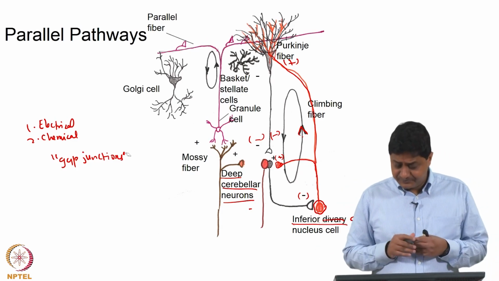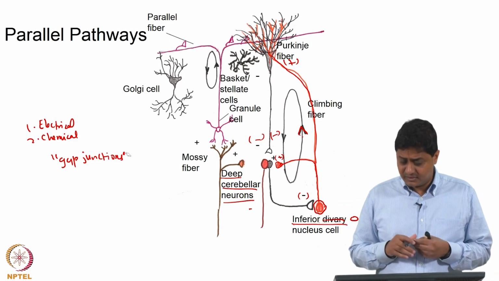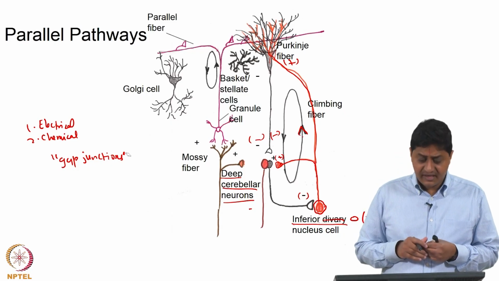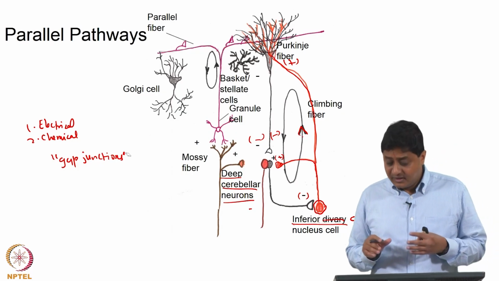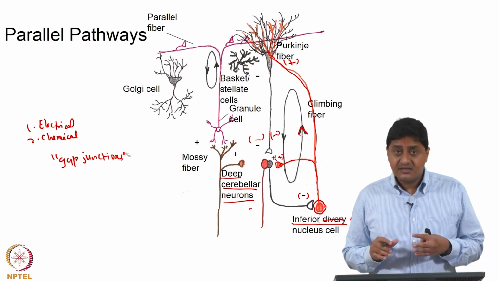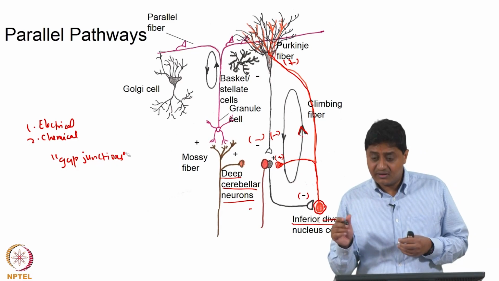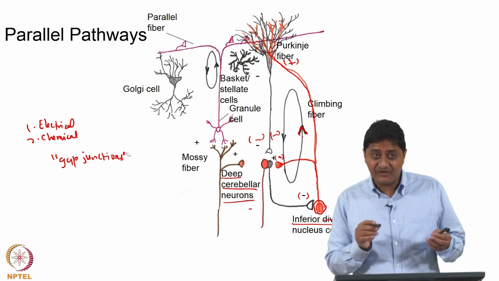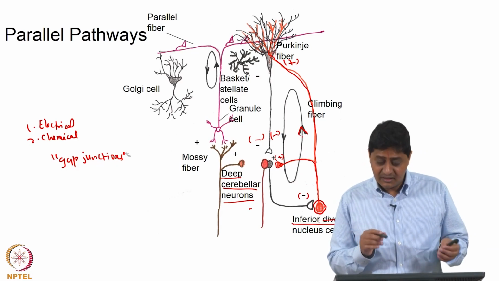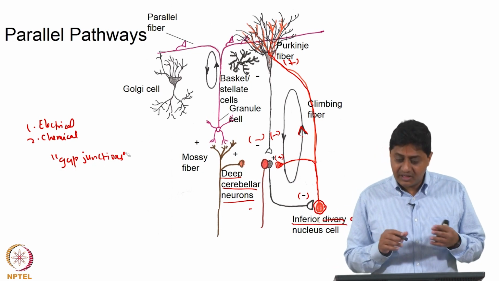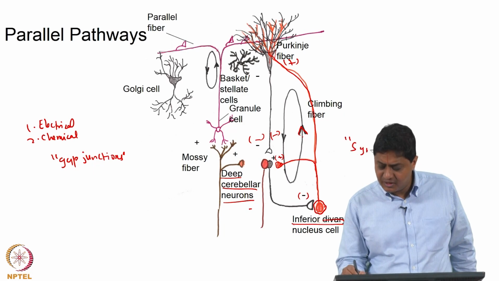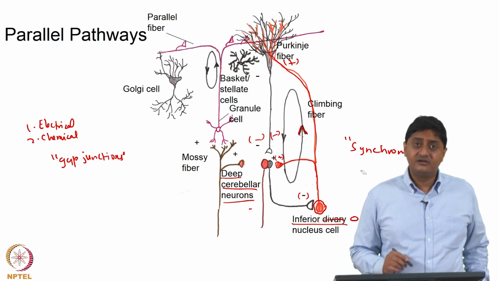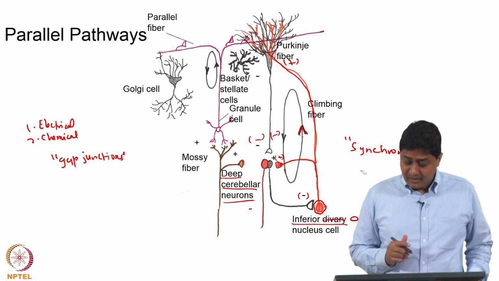So, within the inferior olive, there are these gap junctions and electrotonic coupling between them. It is because of electrotonic coupling that if one climbing fiber fires, all the climbing fibers that are electrotonically coupled to it fire, leading to relatively synchronous activity of the climbing fibers, okay.